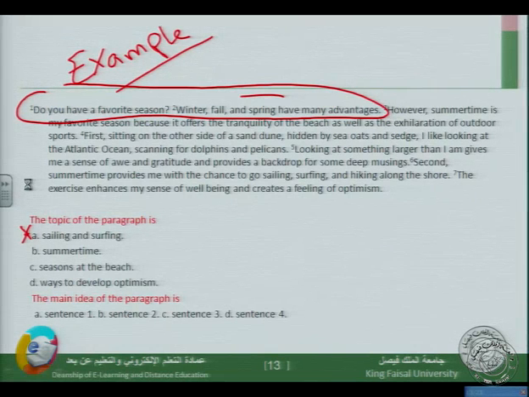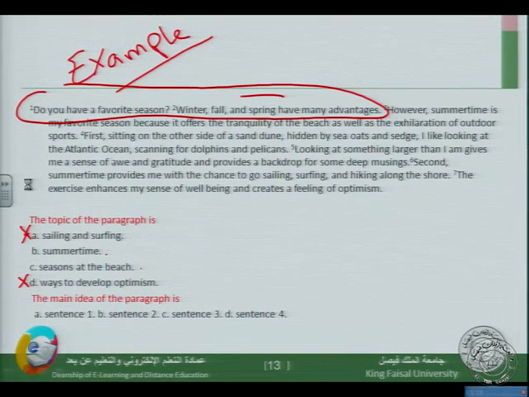Is it about summertime? We don't know. Is it about ways to develop optimism? No, it's not mentioned. But here, in B, it is talking about summertime, one of the seasons. And in C, it's also talking about seasons. So we are unsure now. مش متأكدين وين الإجابة. Okay?